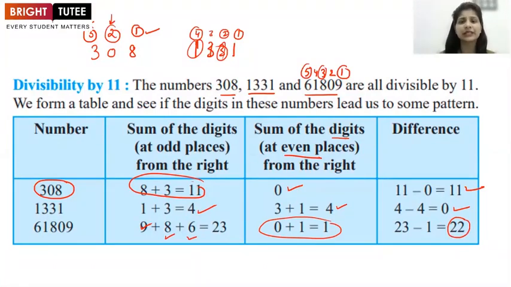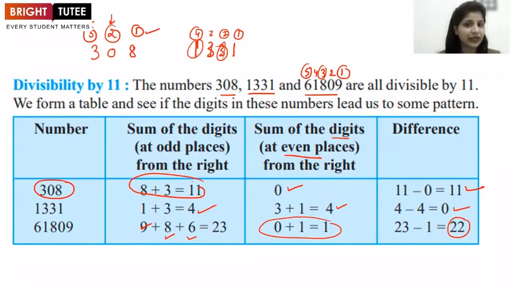So for all the numbers that you get, if the number has 3 digits or more than 3 digits, then what you need to do is position them first. Start from the right hand side, position them as 1, 2, 3 and 4 like this, whatever digits you have. Then you take the digits placed at odd places and the digits at even places, do the sum of those and subtract.